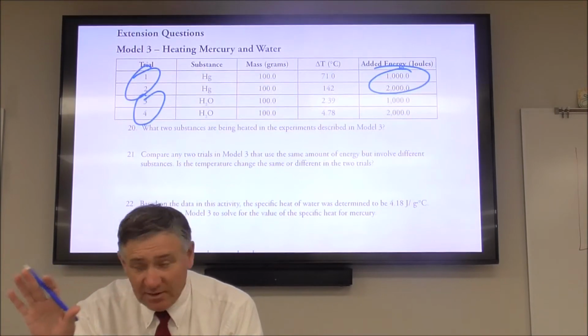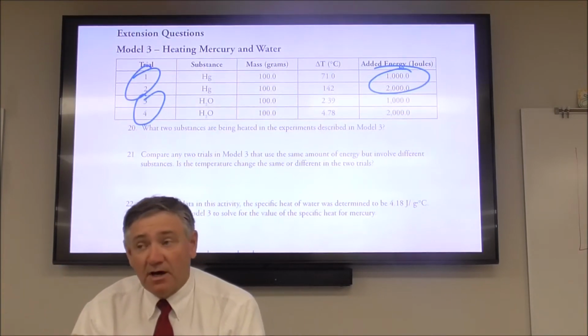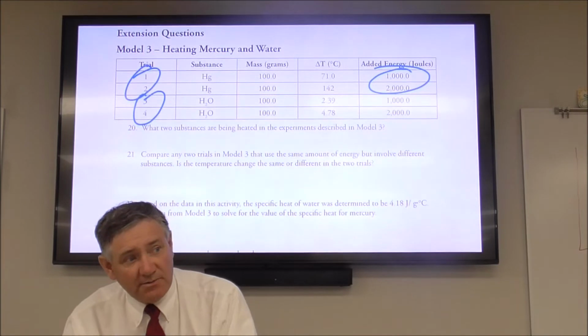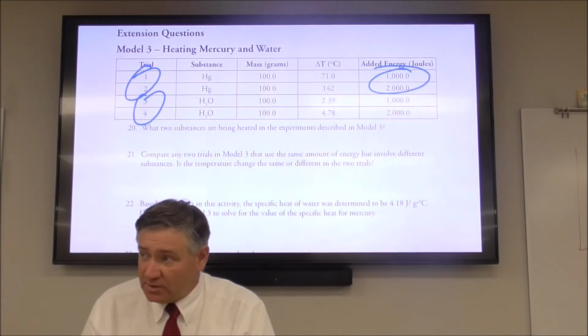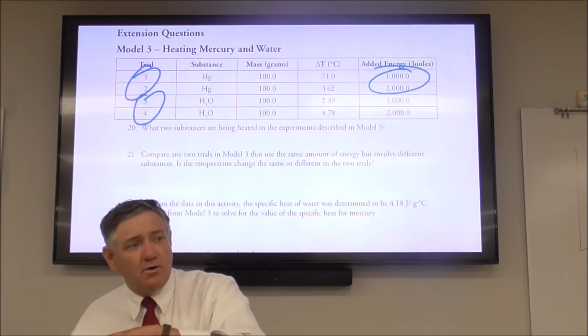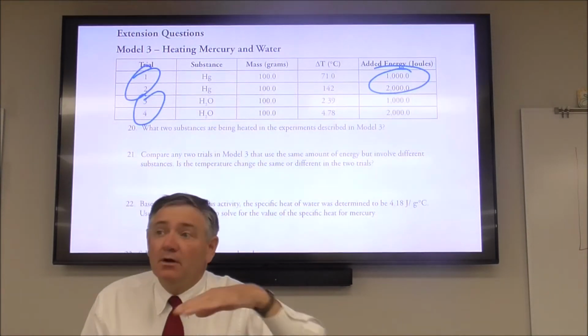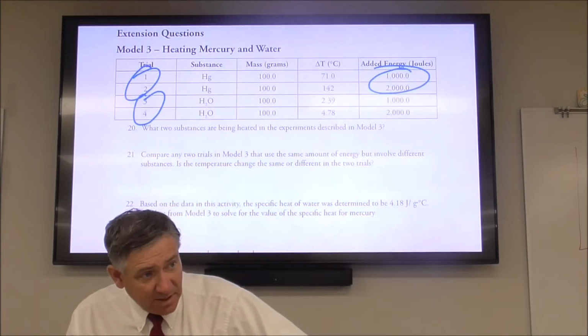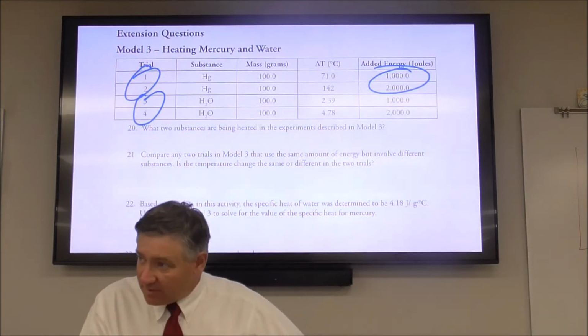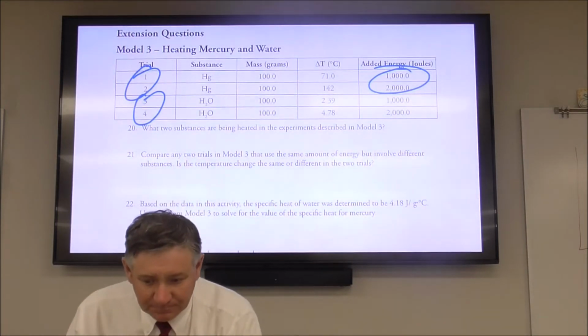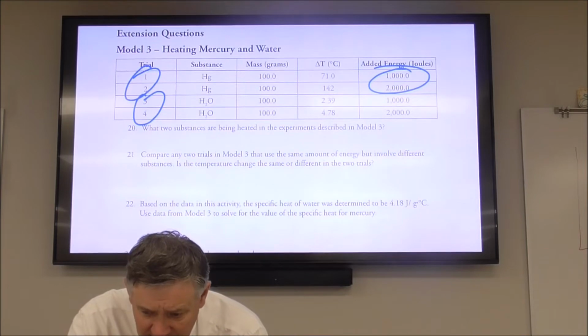And that input of energy is tough to measure because we can't directly measure energy. But we know that this hot plate dumps a certain amount of energy per unit of time. We let it sit there for a certain amount of time, and we know that's how much energy is flowing into the system.